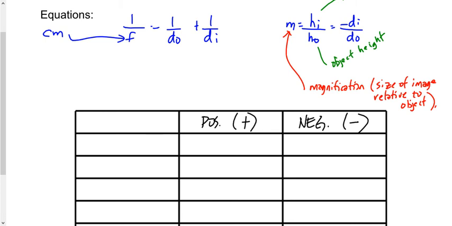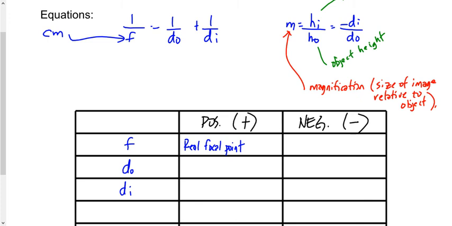When is DO, DI, and F positive? Well, you have a positive focal length if you have a real focal point. Can anybody tell me when you think you have a real focal point?